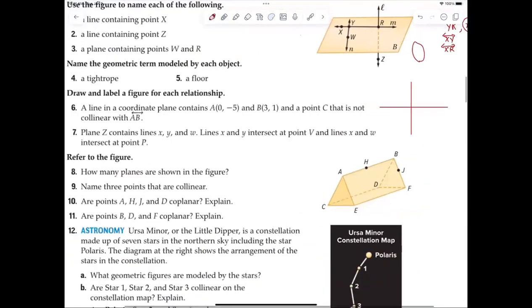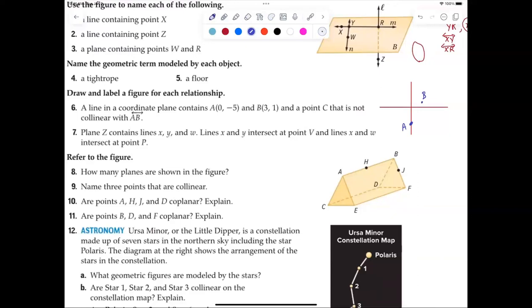A line in a coordinate plane contains 0, -5. If you're going to graph 0, -5, we come down here and do 0, -5, and we'll label that A. Then 3, 1, I would go over 3 and up 1, and we can label that B. Now we have to label C that is not collinear with line AB.